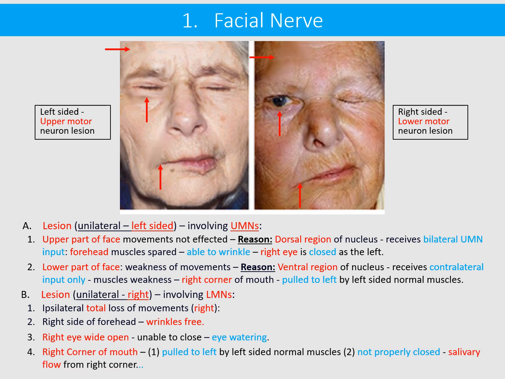Number four, right corner of the mouth. Number one, is pulled to the left by the left-sided normal muscles. And number two, this corner is not properly closed because of the weak muscles. Hence, there is salivary flow from the right corner of the mouth.